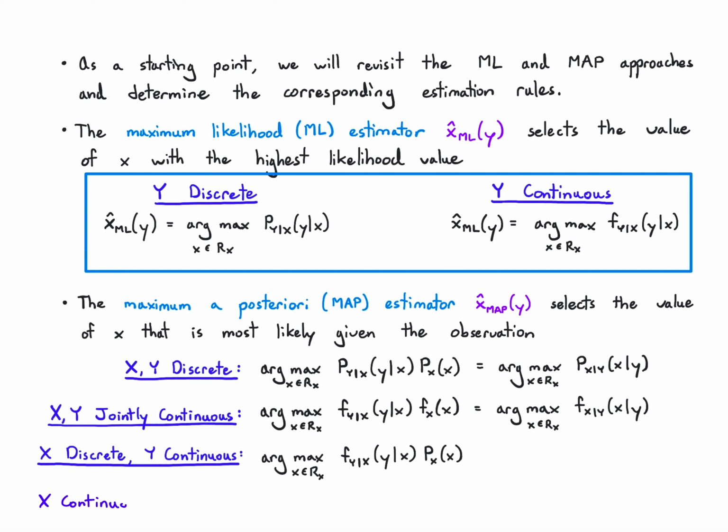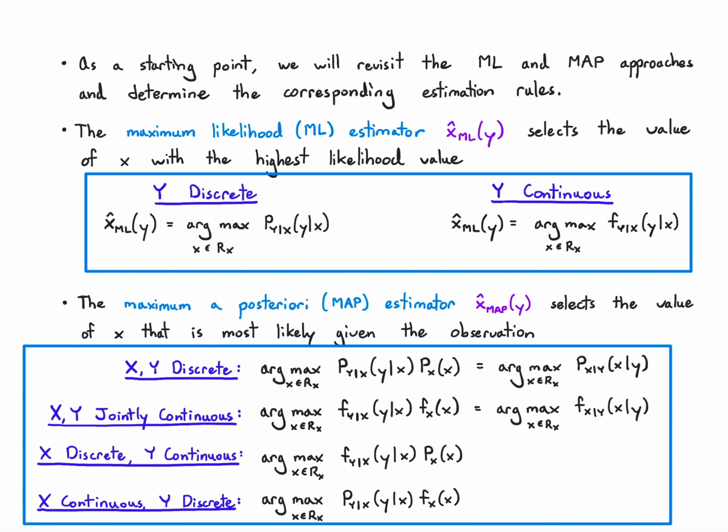And in the reverse, if x is continuous and y is discrete, then you would write a conditional PMF for y given x, because that's discrete, and a marginal PDF for x. Just to give you that full range of possibilities.